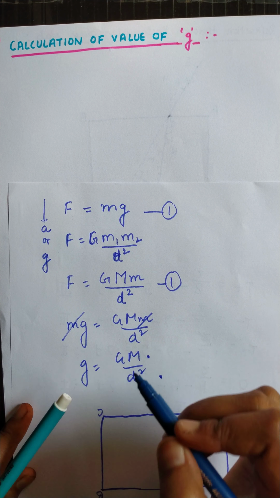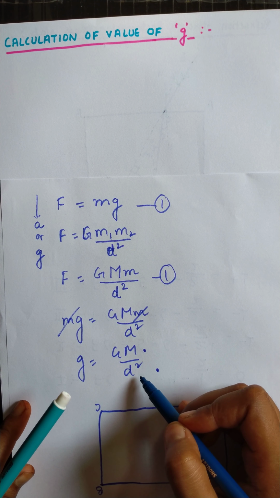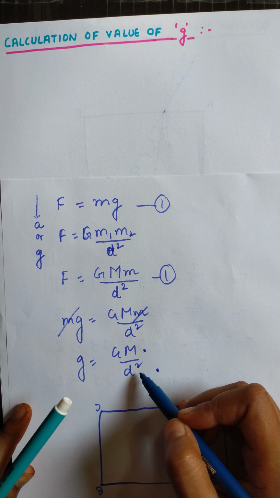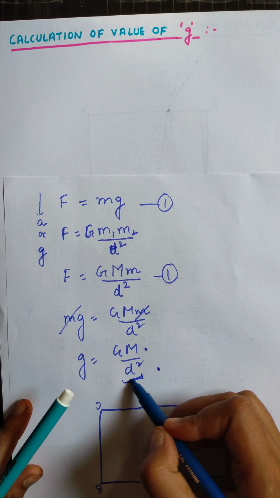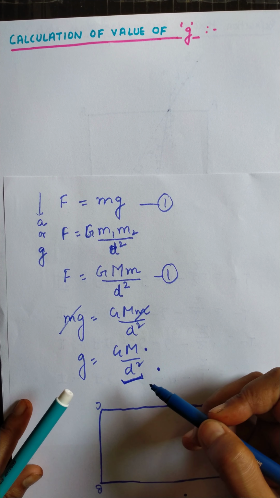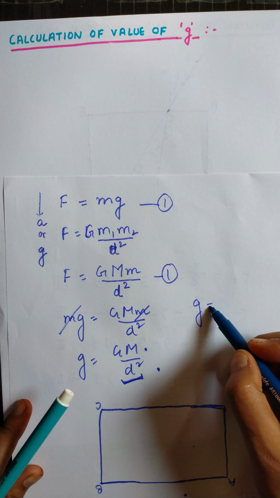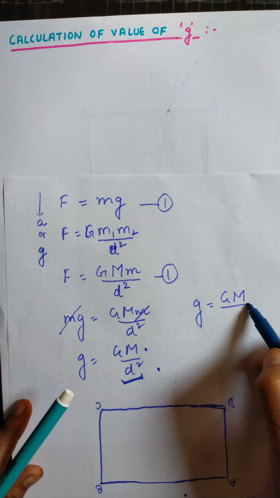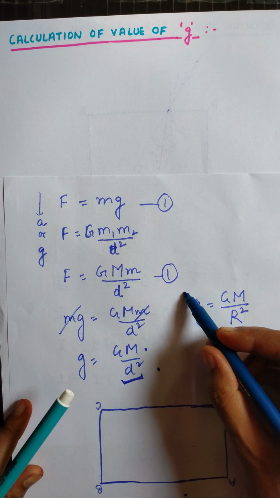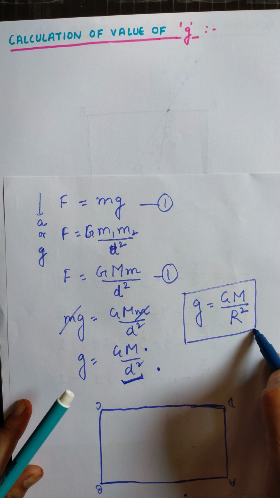And if the object is moving towards the earth at a very little height, the distance will be equivalent to the radius of the earth. That's why we can write small g, that is gravitational acceleration, is equal to capital G M upon r square, that is the radius of earth squared.